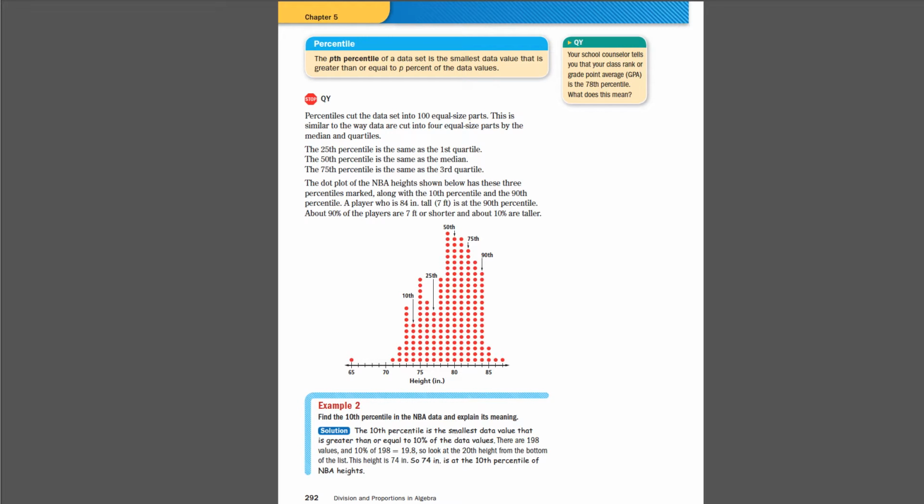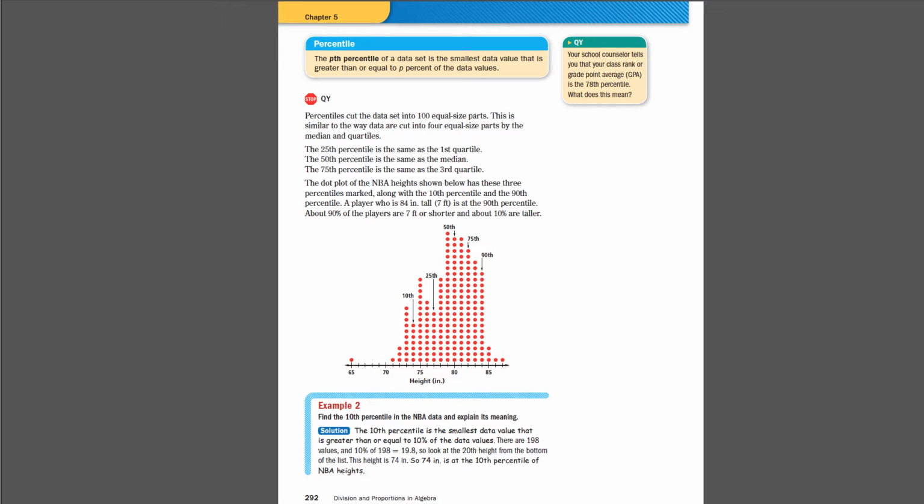There are 198 values, and 10% of 198 is 19.8. So we can't go below that, because we have to be greater than or equal to it. The next whole number up is the 20th value from the bottom.